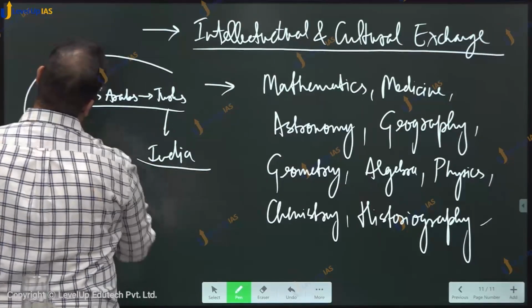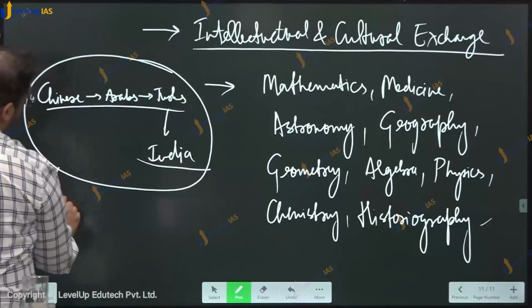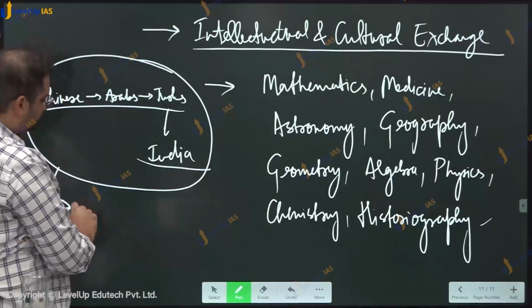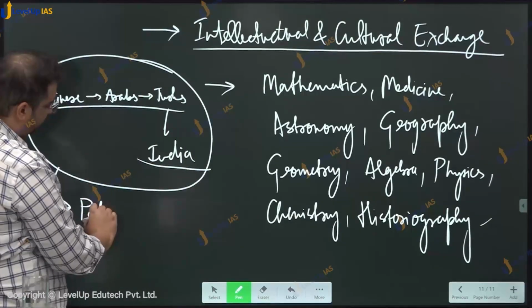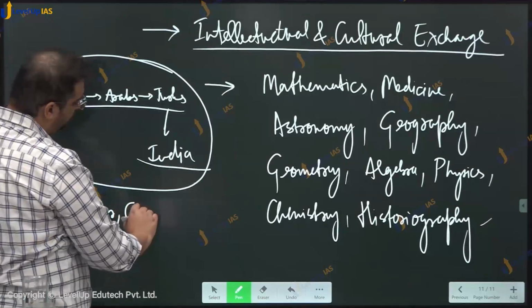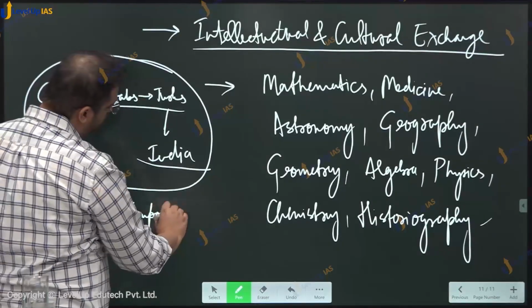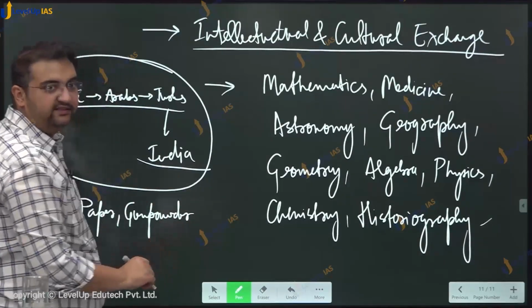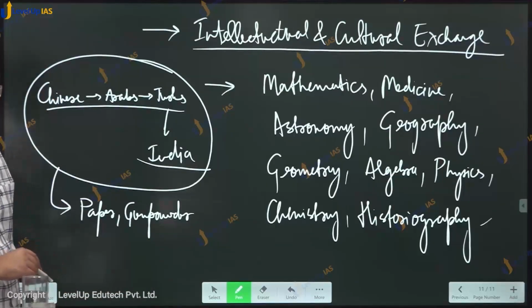It is through this link that technologies such as paper manufacturing, gunpowder, etc. came to the subcontinent. उल्टा भी प्रोसेस हुआ, राइट?